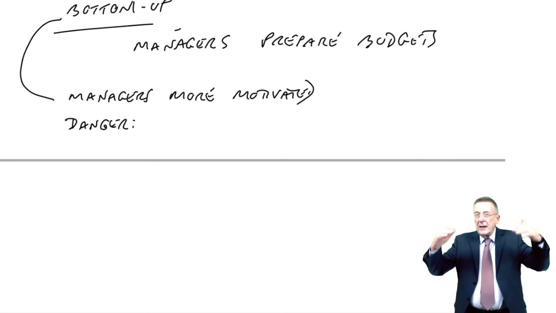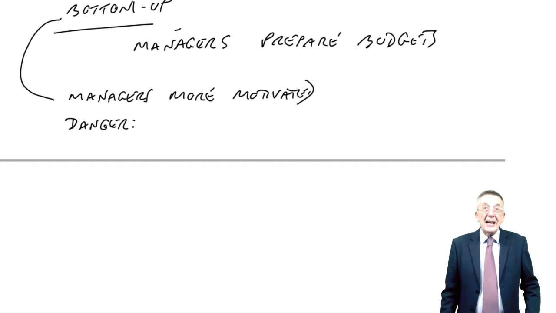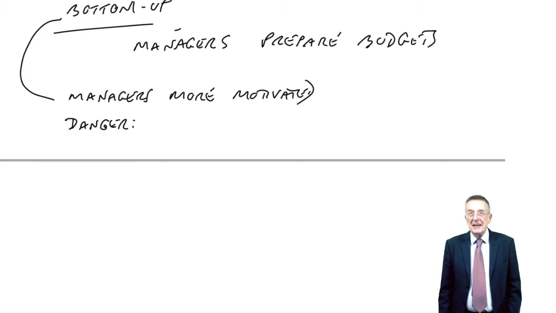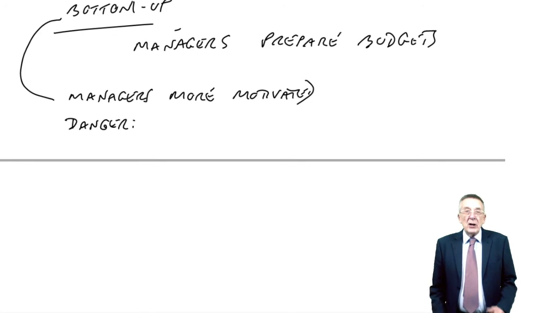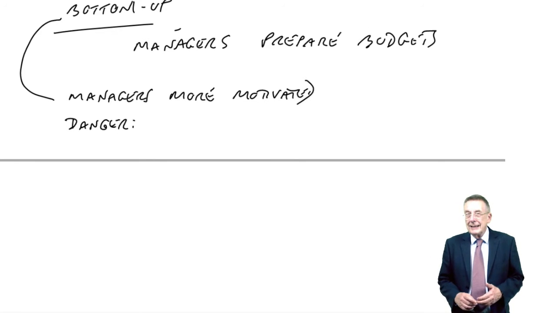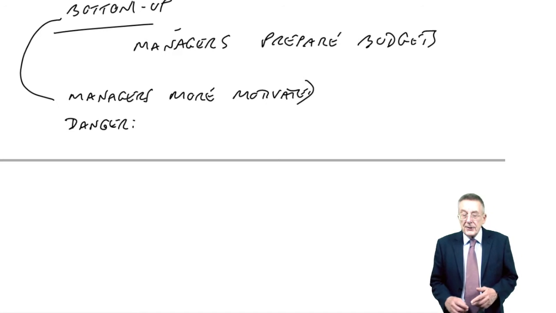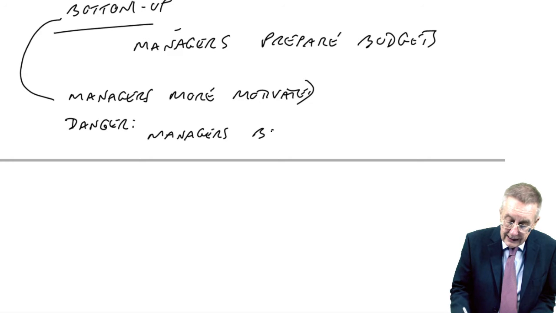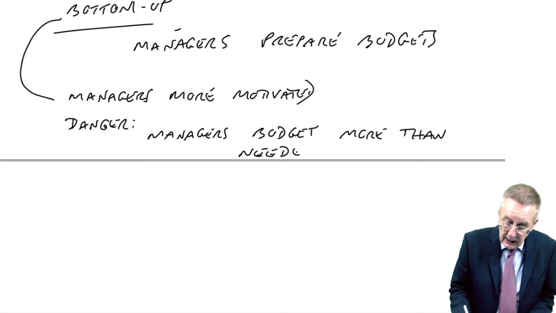Because if top management accept $11,000, then I know I'll definitely do better and get my bonus. But we call that budget padding. And so, danger, managers budget more than needed. Which I say, budget padding.